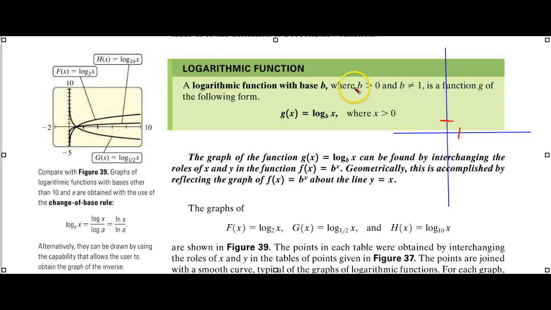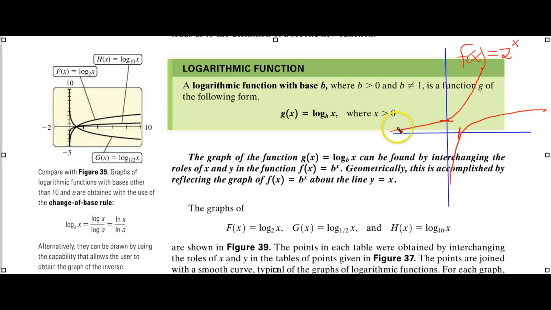As we look at the graph of these logarithmic functions, let's just do a little review of what we had with exponential functions, where we had f of x equals 2 to the x power. The graph, we said, looked like so. Now, if we put this in logarithmic form, an interesting thing happens. It switches around and it looks like that.